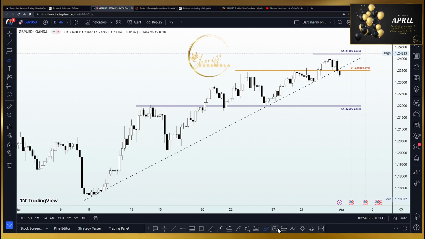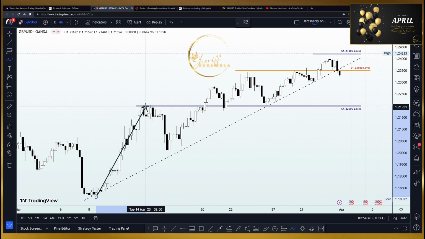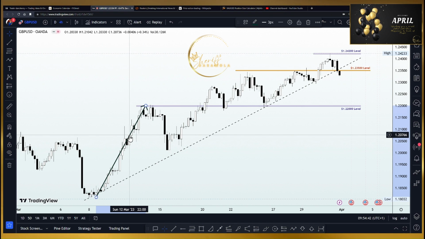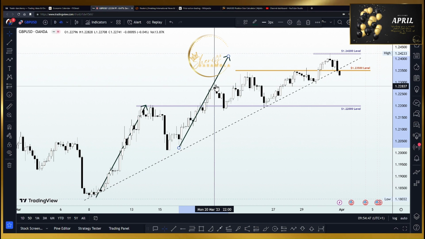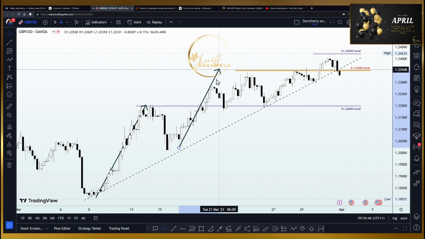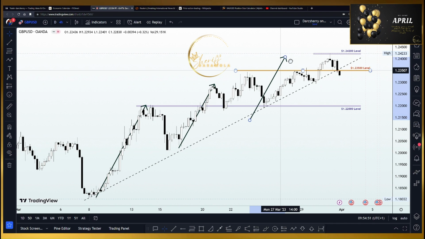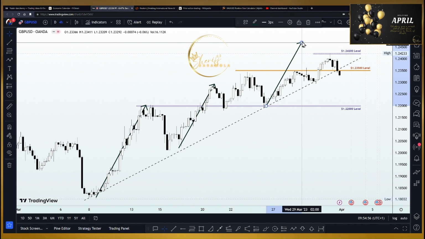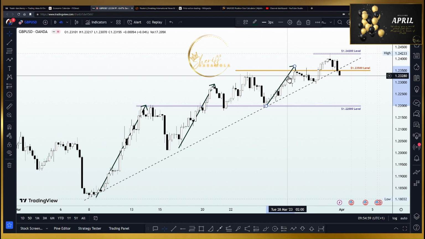If you look at the impulsive move since the beginning of this trend, you will see that the impulse leg gradually decreases with time. And for me, this is a sign that the bullish momentum is gradually losing steam. As you can see, the momentum is gradually reducing at every moment.